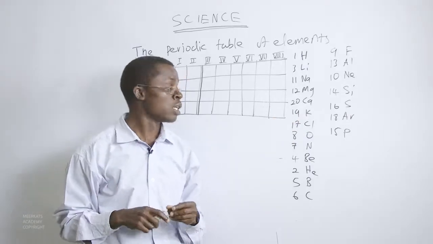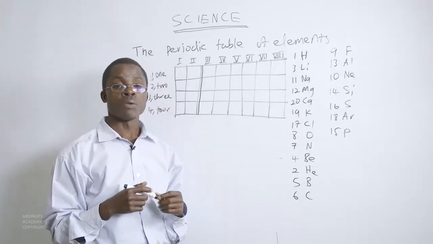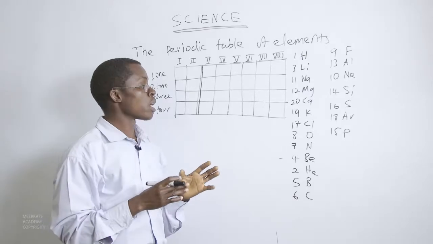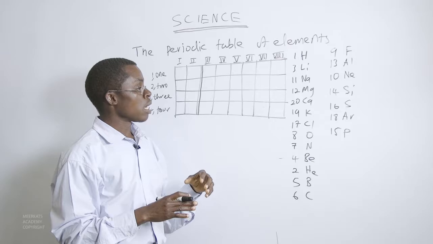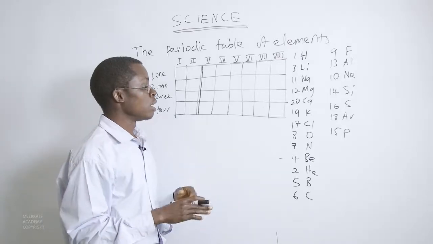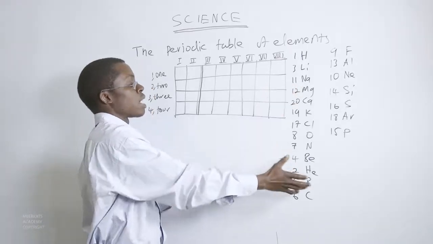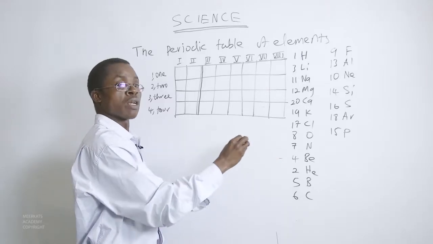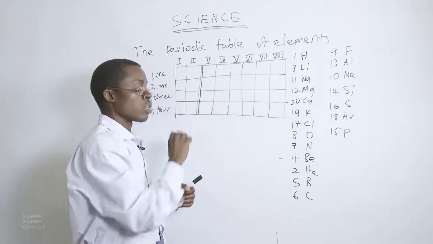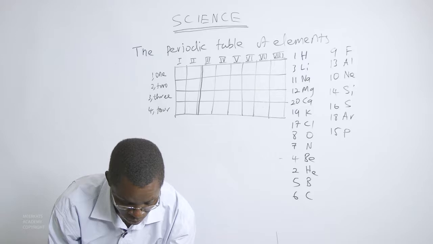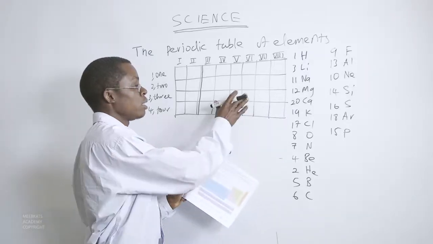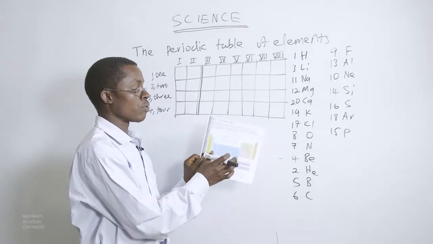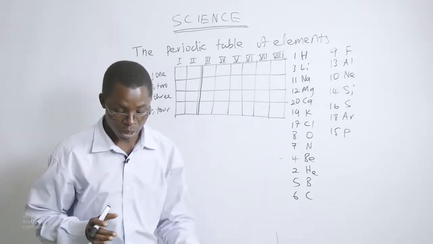So those are the first 20 elements that I would wish we now make a periodic table out of. I've arranged them haphazardly so that we can see if we can rearrange them following the electronic configuration to fit into the table that we shall now confirm with our periodic table here. We arrange, then at the end we shall confirm in relation to the periodic table.